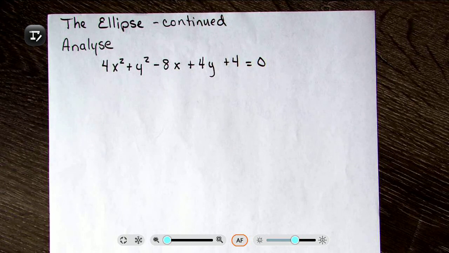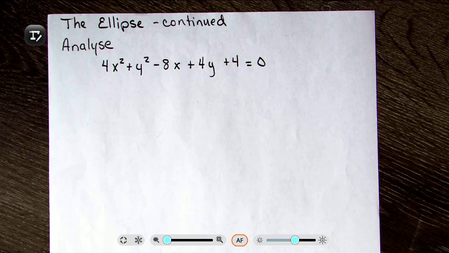I also see that I have an x squared and a y squared, which tells me, first of all, that it is not a straight line, because a straight line doesn't have squares in them. I also have both the x squared and the y squared, so I know it's beyond the parabola, because a parabola only has a single x squared or a single y squared, does not have both.